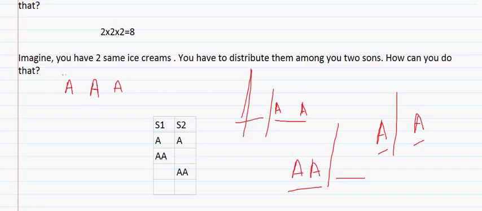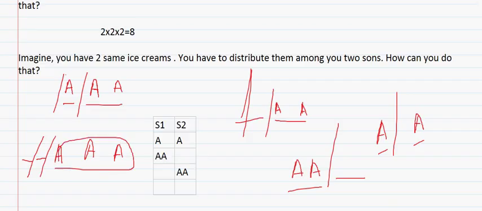So you can place the first blind here, which means Son 1 gets nothing, and the second blind here, which means Son 2 gets 1 and Son 3 gets 2. Or you can place both blinds here. So this is the first son's share, this is the second son's share, and this is the third son's share, which means the third son gets all 3.